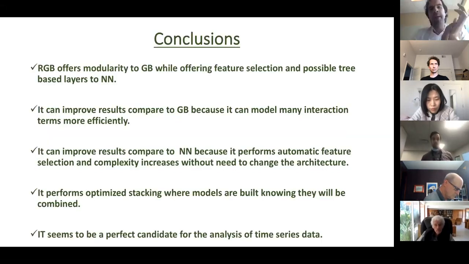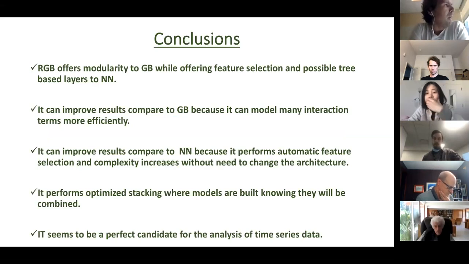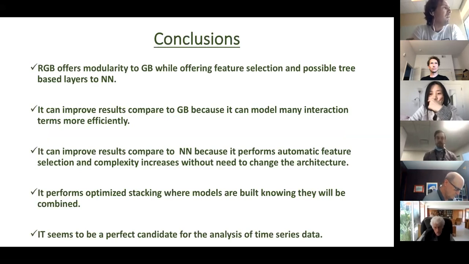And now conclusions, to open it up to discussion to everybody. With representational gradient boosting, we are allowing gradient boosting to have the modularity that neural networks have, and providing neural networks with base layers that allow them to perform feature selection, not depending on monotonic transformations, and also increase their complexity with every iteration, not depending as much on having deeper architectures.